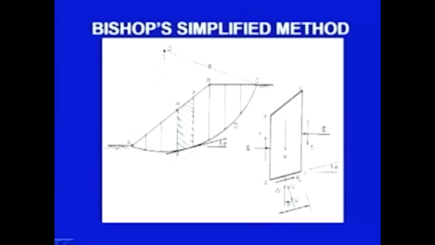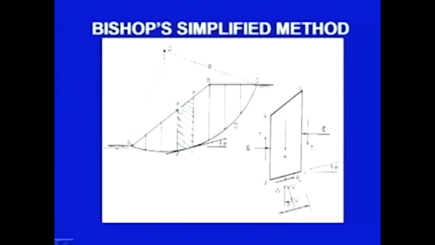This is a trial circle which we have taken, and then we have divided the mass into some number of slices, and this is, let us say, the slice under consideration.